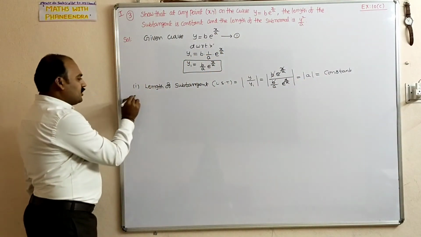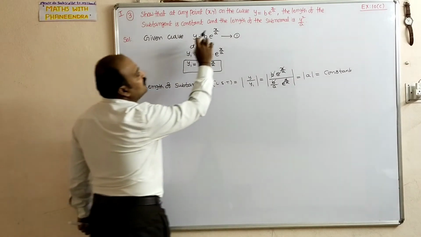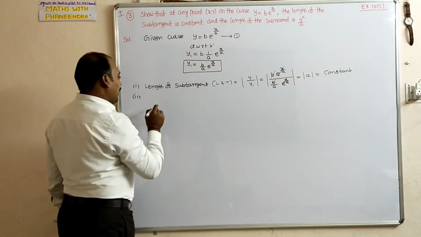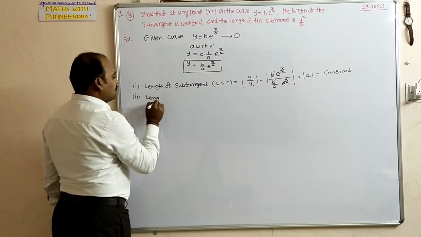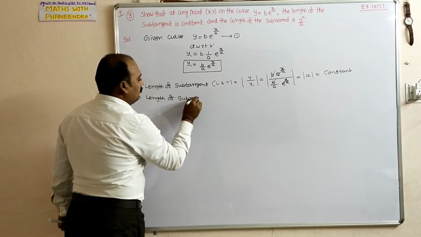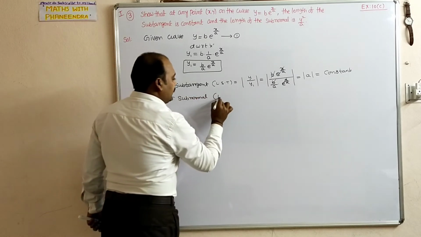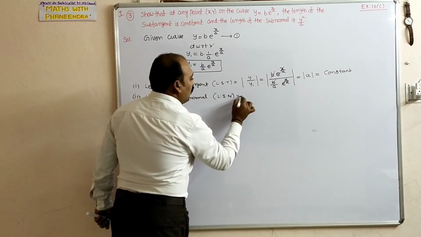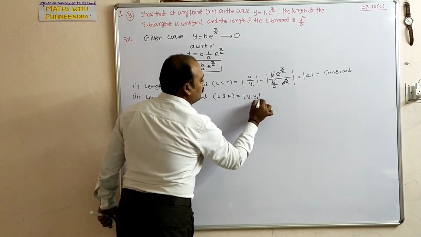Come to the second question. The length of subnormal is y square by a. The length of subnormal, LSN, is mod y into y1.